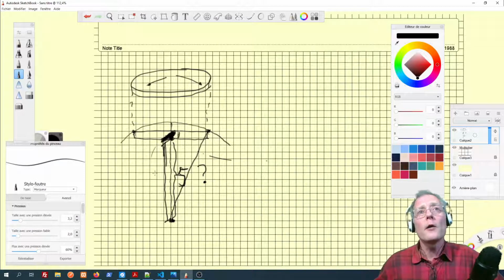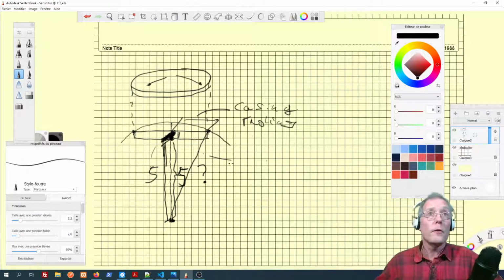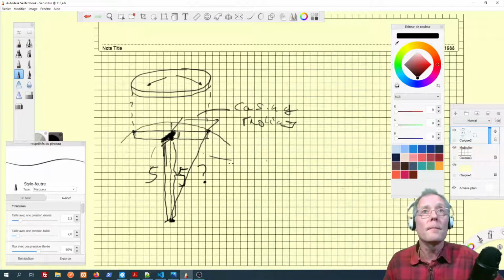So I know this distance, which is 5, and I know that distance. Thus, it is the casing radius. I know it by design. I decided it from the beginning, the casing radius.